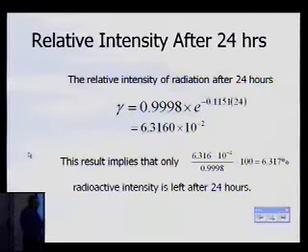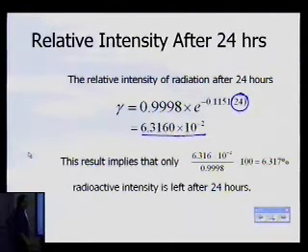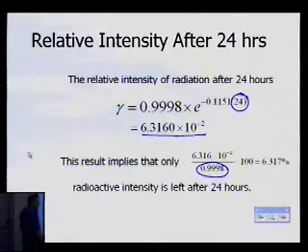So all I have to do is to take my model and substitute the value of 24 for time. That's what I've done here. And it turns out that gamma is 6.31 times 10 to the power minus 2. So if I look at how much relative intensity is left after 24 hours, I divide it by the relative intensity which I have at time t equal to 0, which is approximately 1.